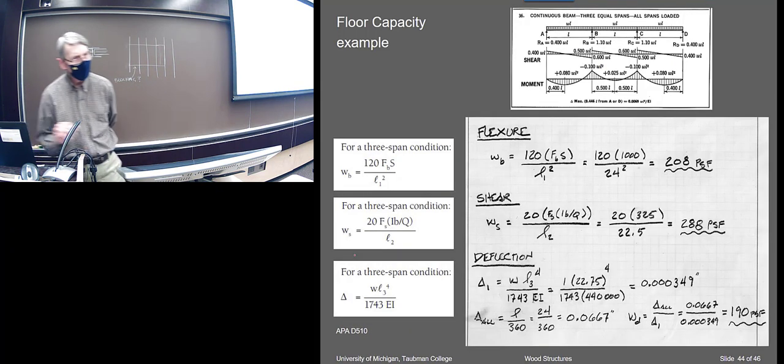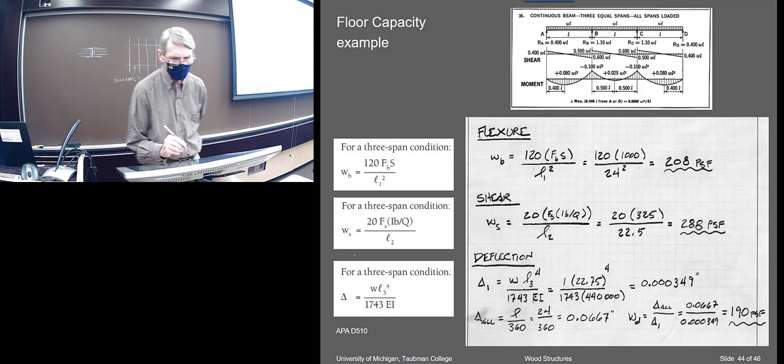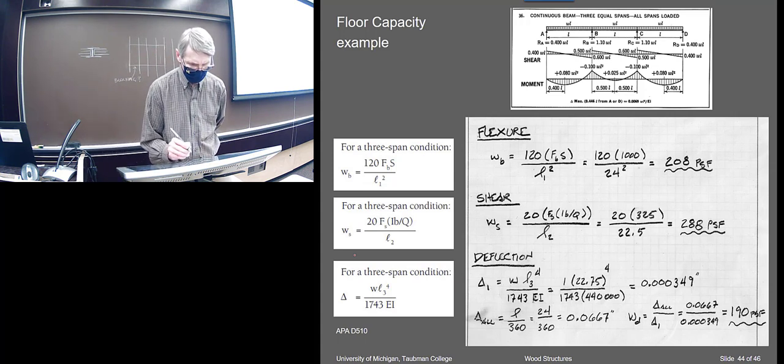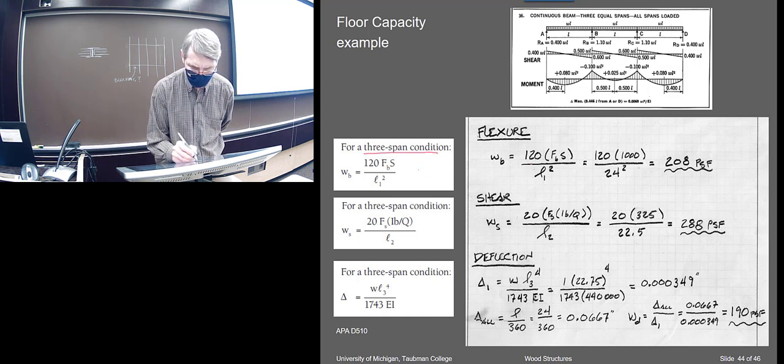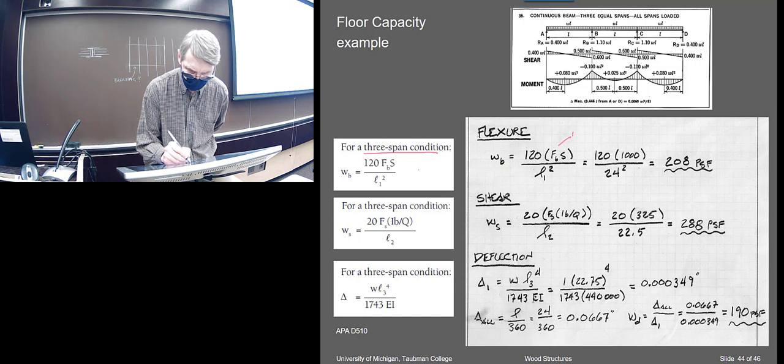And for flexure, I guess we're using the 3-span equation, aren't we? Looks like it. Oh, here it is, yeah, 3-span equation. That's this one. And this is the value that I got out of the table from before.